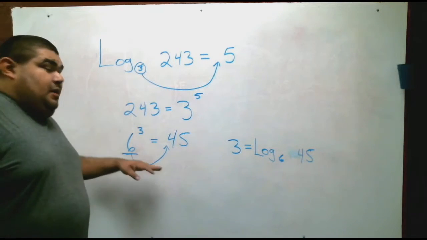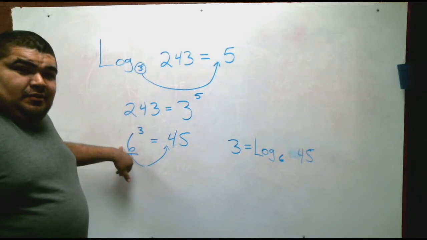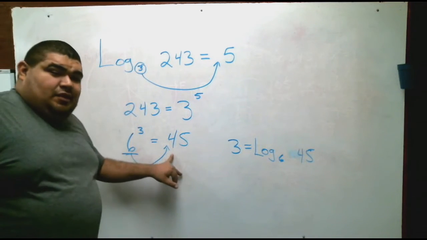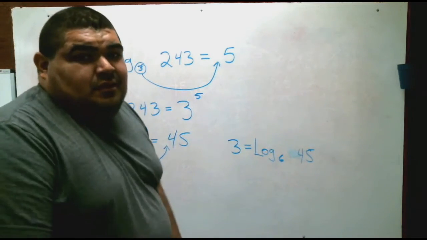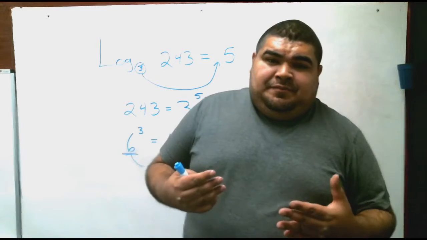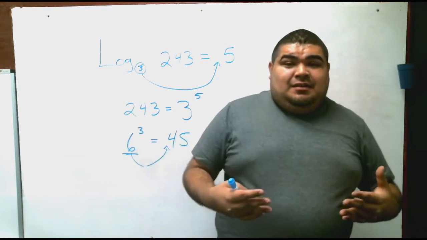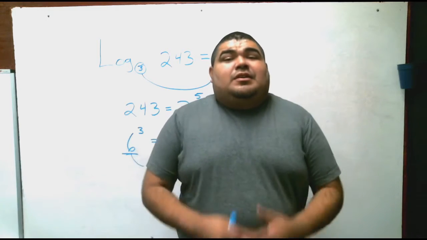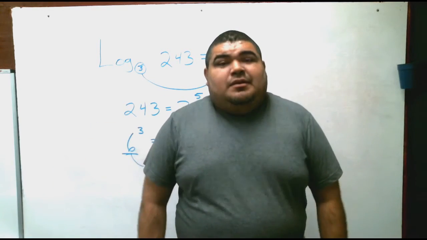You move the base number from one side to the other to make a logarithm, okay? Very, very basics, okay? So that's all we're gonna learn today. It's a necessary rule, because you're gonna need to learn it for the next few weeks to come.